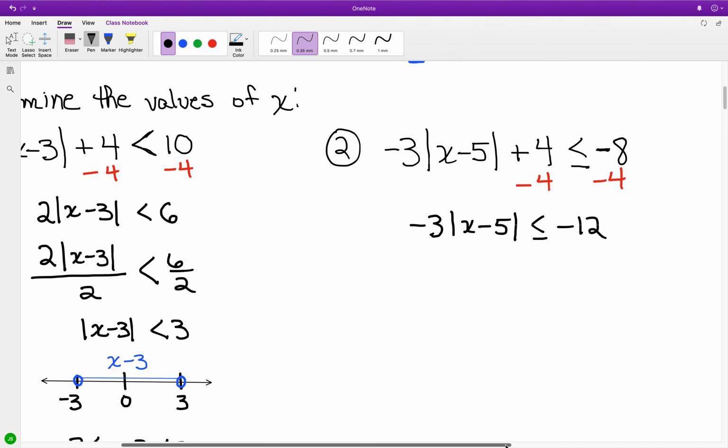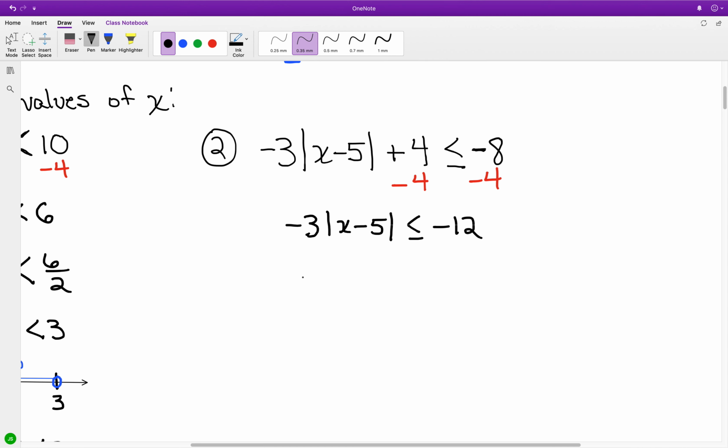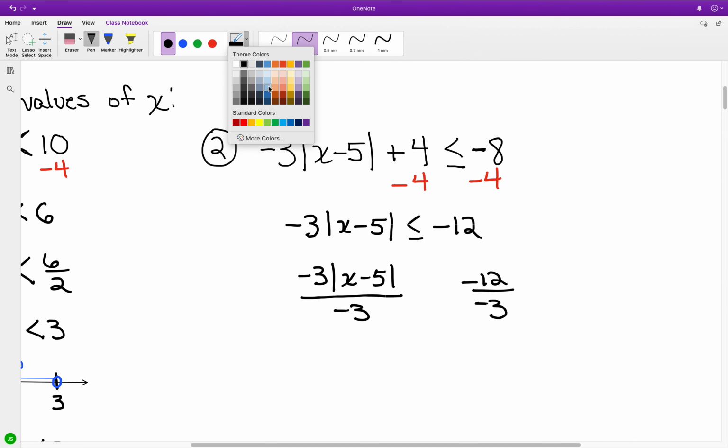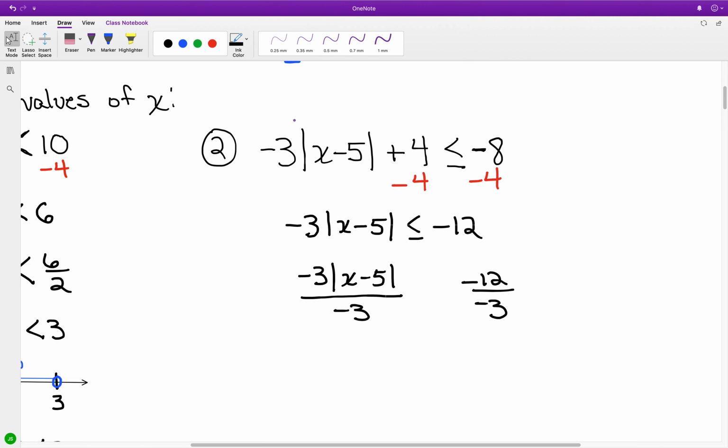And in the setup, we're going to be looking at division by negative 3. If I multiply or divide by a negative, not add or subtract, but multiply or divide by a negative, the direction of the inequality is going to change.